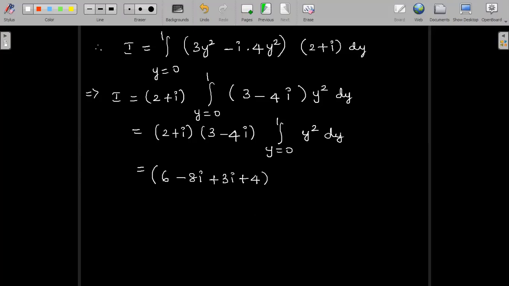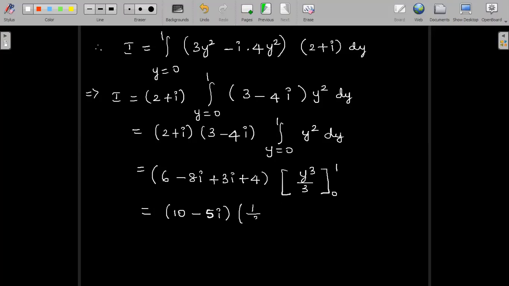So we have here the integration of y square, y cube divided by 3 between the limits 0 to 1. So this gives me the real parts added, which is 10, minus, imaginary is also added, it is minus 5i. 10 minus 5i multiplied by the upper limit minus lower limit.